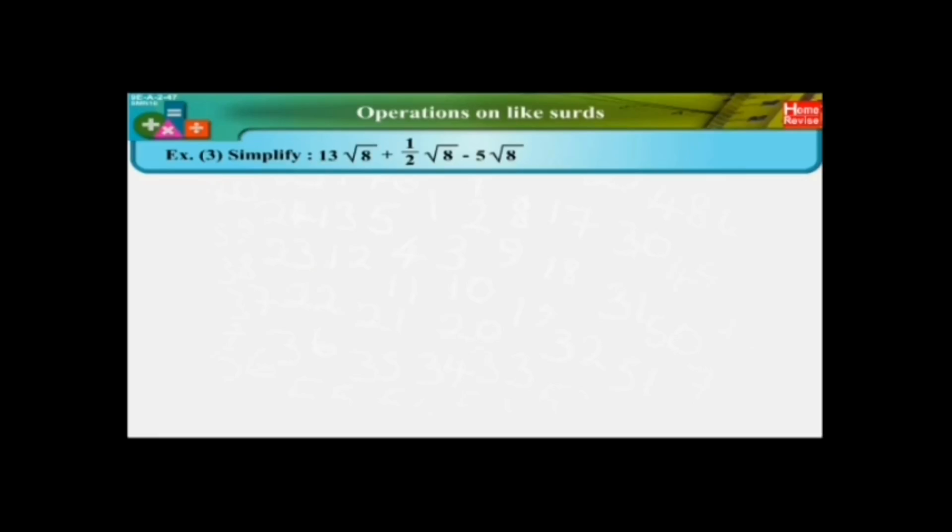3. Simplify 13 root 8 plus 1 upon 2 root 8 minus 5 root 8. This is equal to (13 plus 1 upon 2 minus 5) root 8.